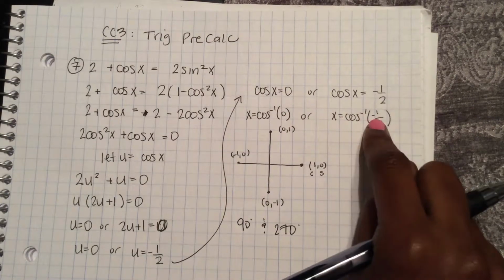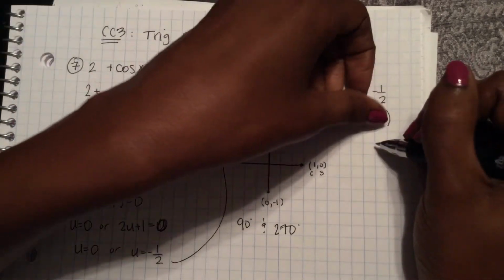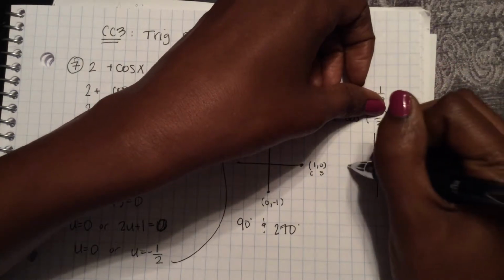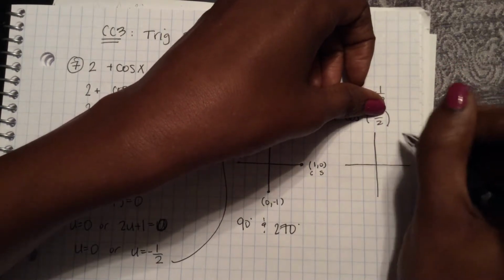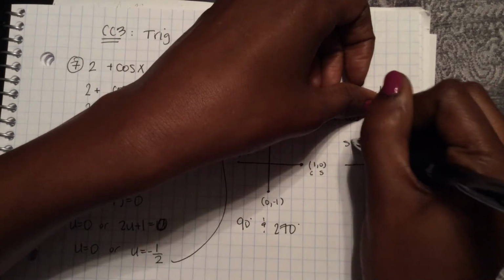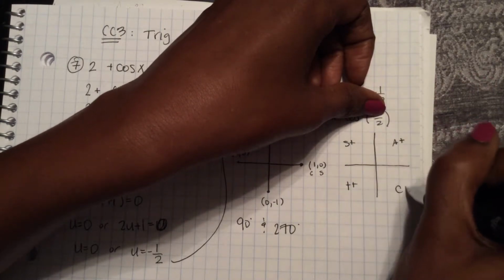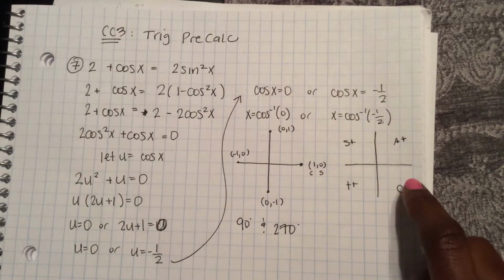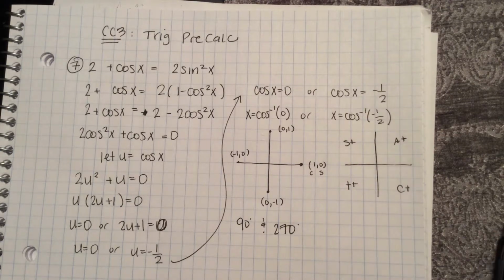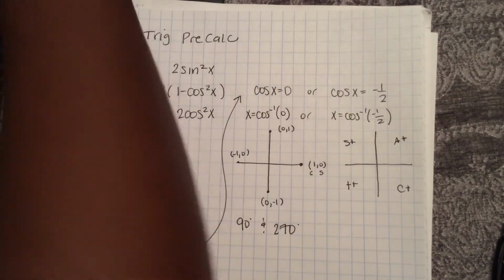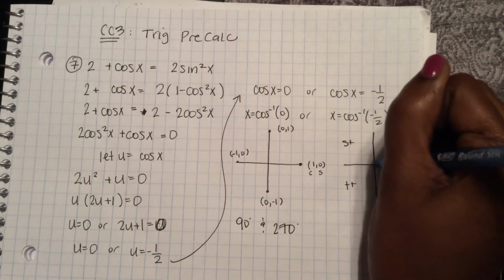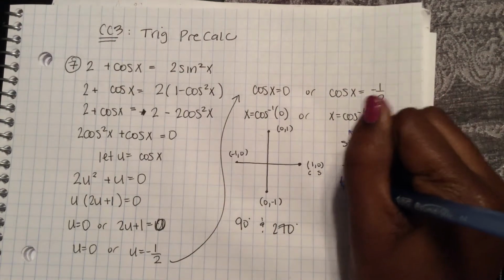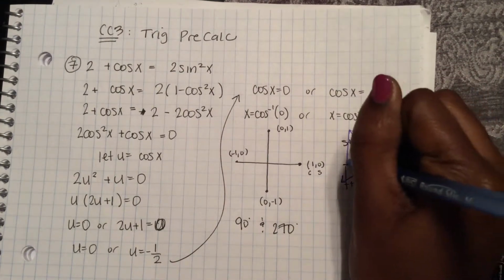Here, cosine inverse of negative 1/2. Now I'm trying to think about, where is cosine negative? All students take calculus. Well, cosine is positive here and here, so therefore it must be negative either here or here. So here are our two sample triangles.